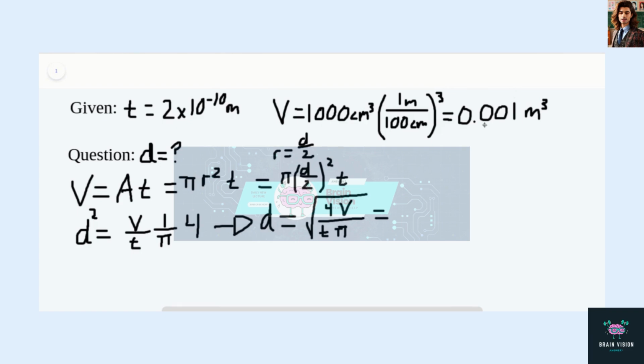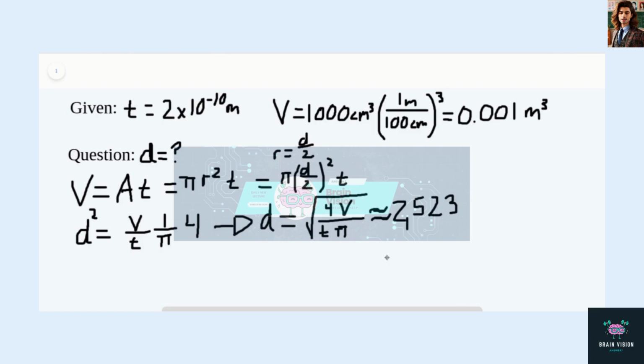Okay? So if you plug in everything that you would need for this equation, which we already have, the volume is 0.001 cubic meters and the thickness is 2 times 10 to the minus 10, you get 2,523 approximately. And there's a couple of decimal places there, right? This is approximately. But in the question, we're given the thickness as 2 times 10 to the minus 10.